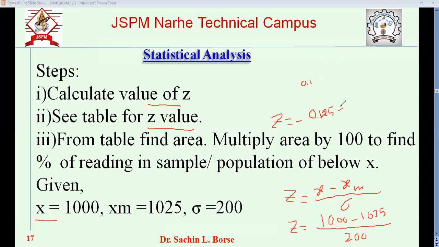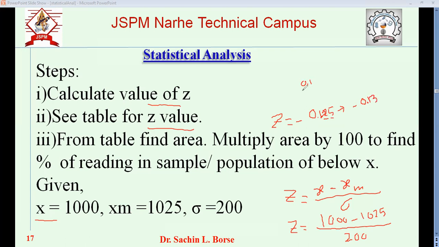So how much will it convert to now? Minus 1. Now see, if the next number is 5 or more than 5, you have to increase this number by 1. So it will be 0.13.